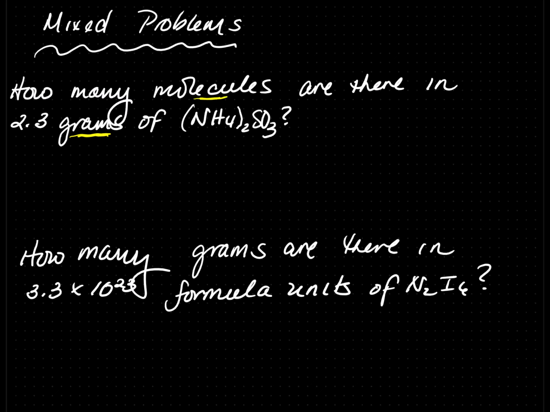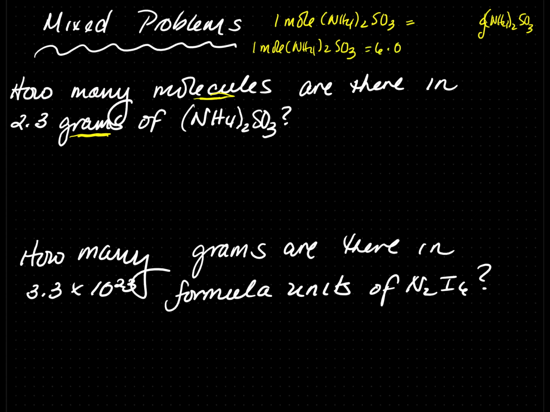So that means we have to use molar mass, which is 1 mole of ammonium sulfite is equal to its mass in grams of ammonium sulfite. And then I also have to do Avogadro's because of molecules. So 1 mole of (NH4)2SO3 is equal to 6.022 times 10 to the 23rd molecules of (NH4)2SO3.